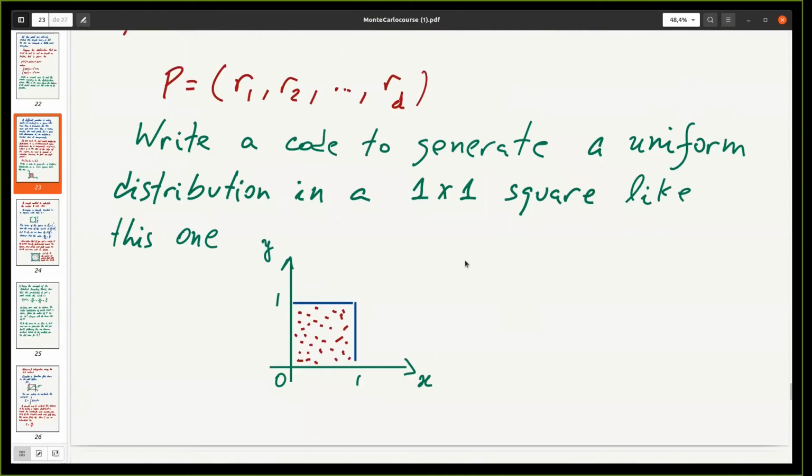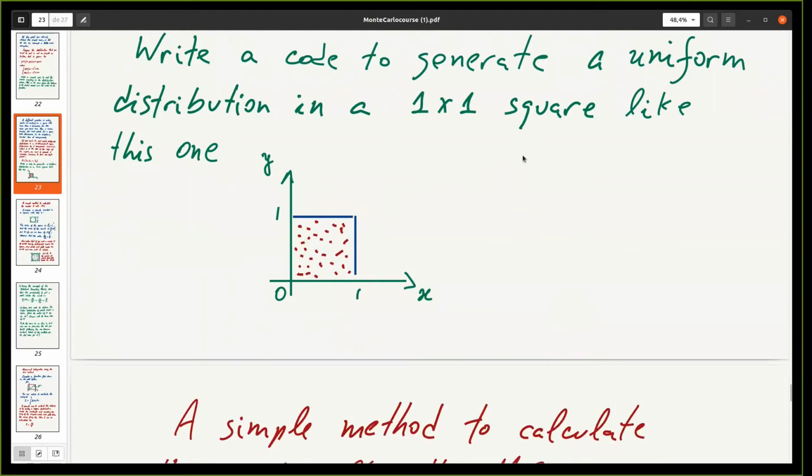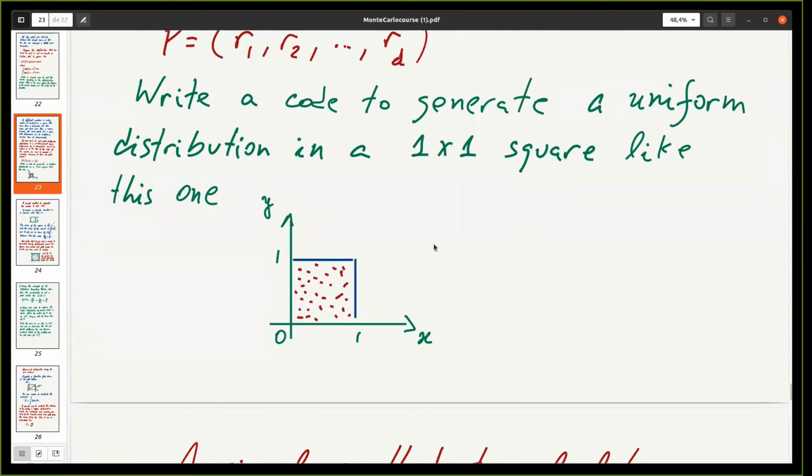You just need to sort R1 and R2, X and Y, and they are already between 0 and 1. So you get a random distribution of points, and you can plot it. So it's a good idea to plot this and check if the uniform looks like uniform. Just look at it, you can find if there is any distortion.